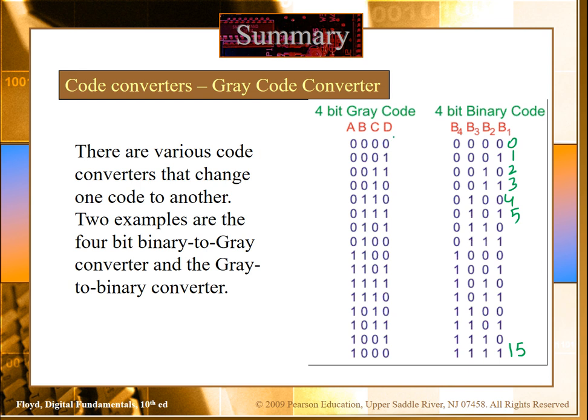In gray code, 0 is 0, 0, and 1 has a 1-bit change. But 2 here will have a 1-bit change, so we will change this one. So in gray code 2 is this, in binary 2 is this. We can convert from binary to gray code and gray code to binary, so we can make the converter.